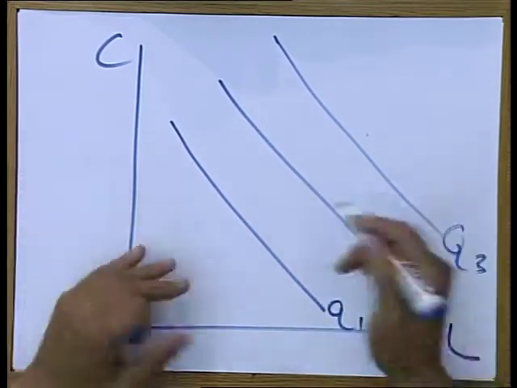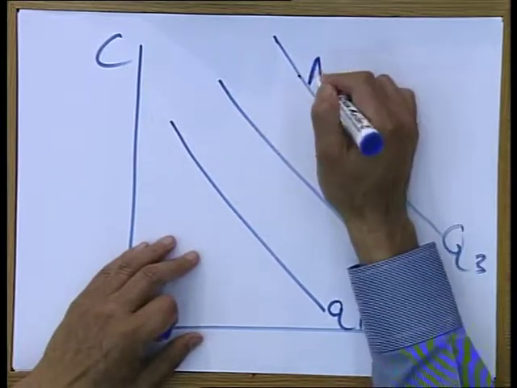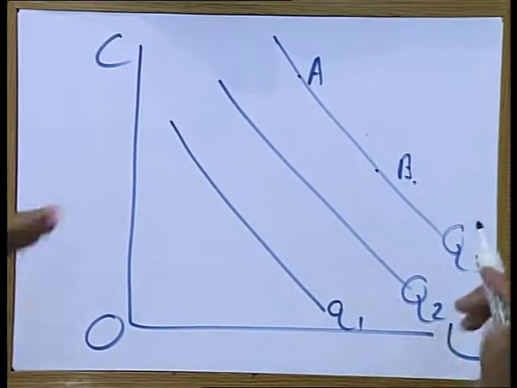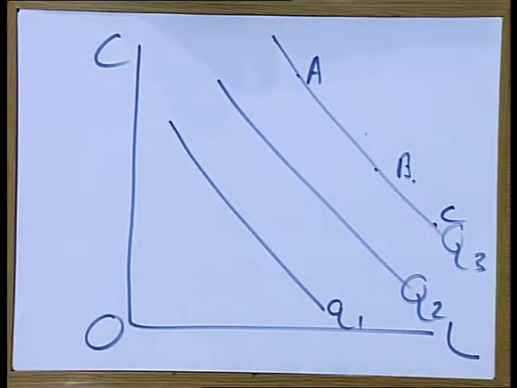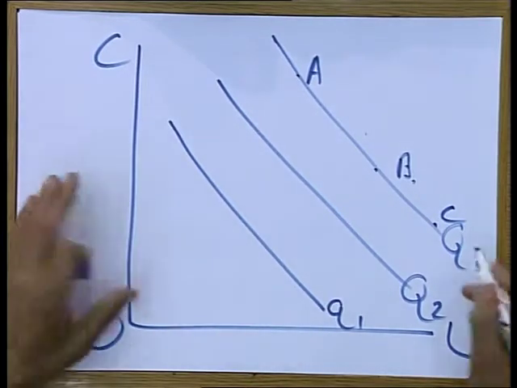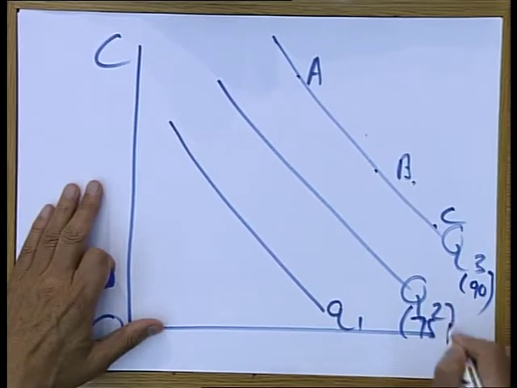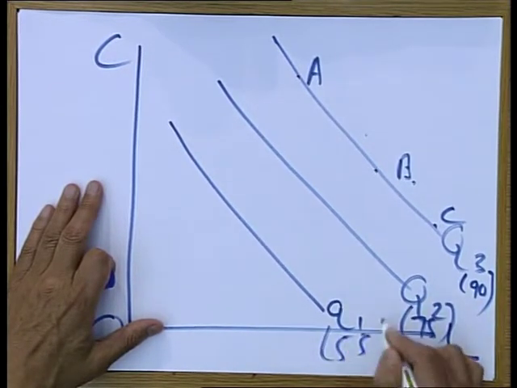Now, you can choose any combination, maybe A or B. It doesn't matter if you choose combination A or B or C on isoquant Q3, because it will provide you with the same output, which is maybe, in the example, 90 units. This one will be 75, and I think this one is 55, right?